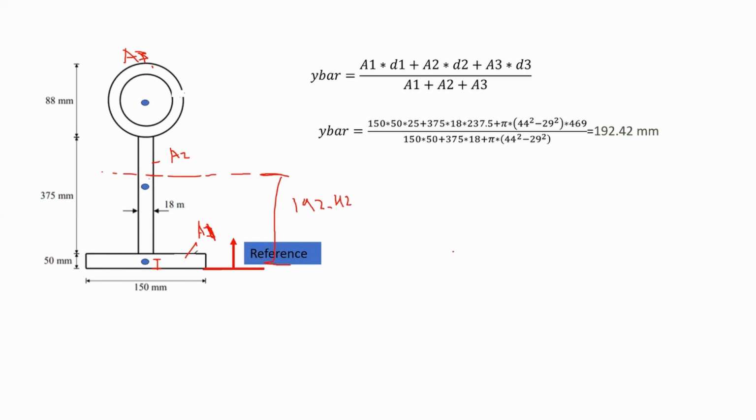Now, since I found Y bar, I can calculate the moment of inertia for the whole section. But before that, it's better to divide it into pieces. The summation of the moment of inertia for all the pieces would be I equal to I1 plus I2 plus I3.